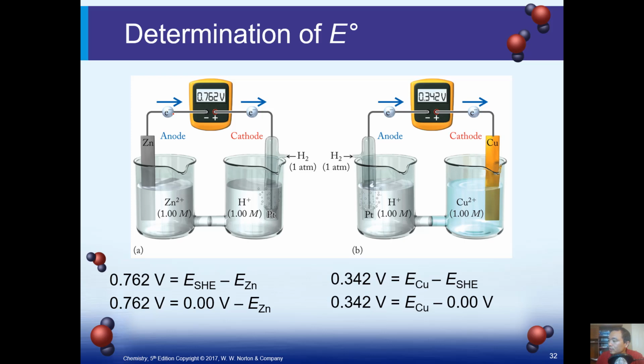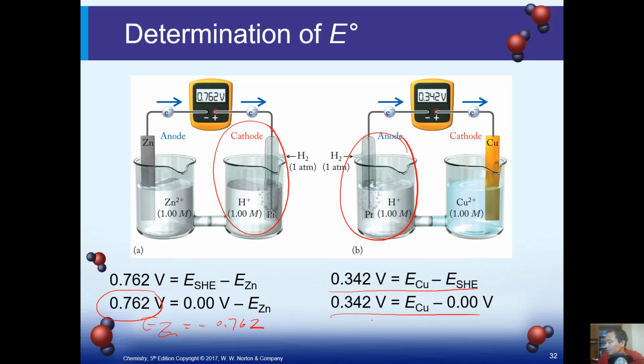For example, the standard hydrogen electrode serves as the cathode in the measurement of the zinc half-reaction reduction potential, and with zinc, E cell will be negative 0.762. In the other case, the standard hydrogen electrode serves as the anode, and we do the E cell calculation and determine that E for copper is going to be plus 0.342. That's how we measure the standard reduction potential.